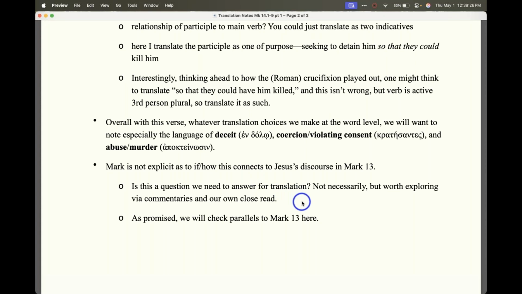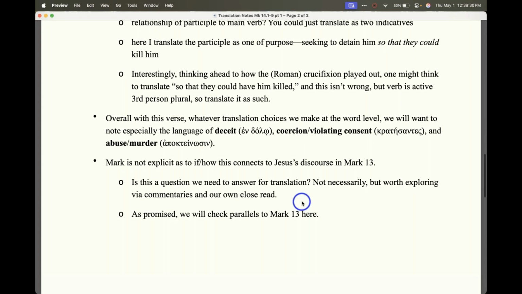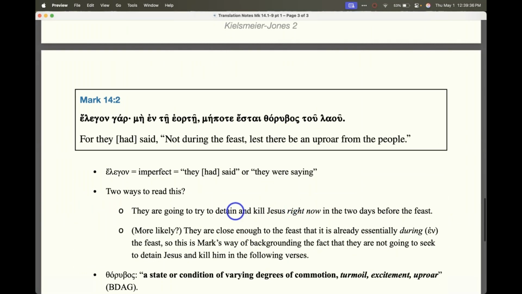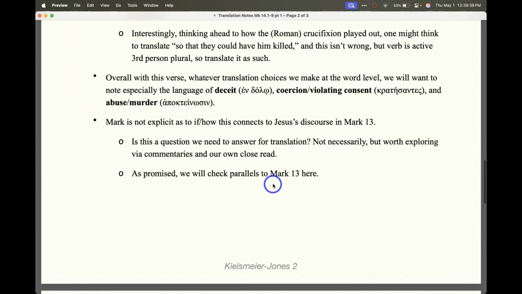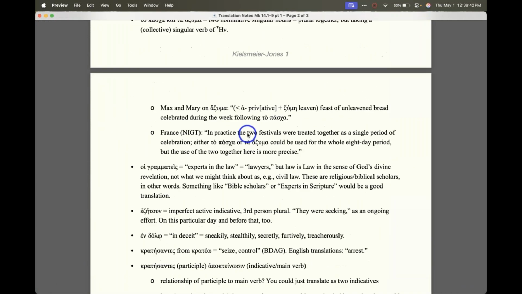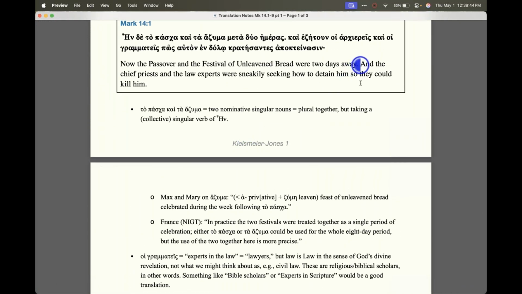And here I think is a good point at which to look at the parallels in Mark 13. I'll take maybe just 5 or 10 minutes to do this so that we can still get to verse 2. I don't have as much on verse 2. But let's go into the parallels tool. As I do that, let me know if you've got questions about the rest of the verse or comments here, like this part about the chief priests and the law experts and how we translate some of these words.